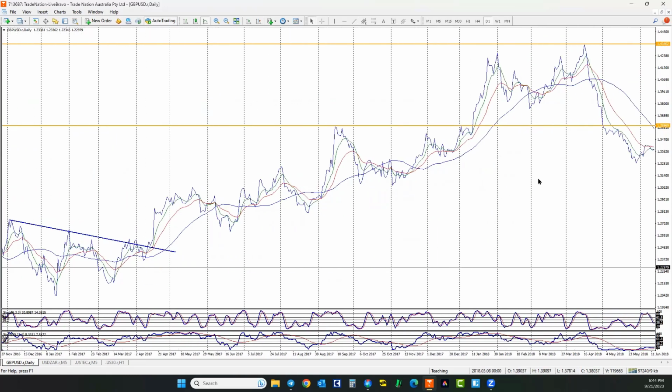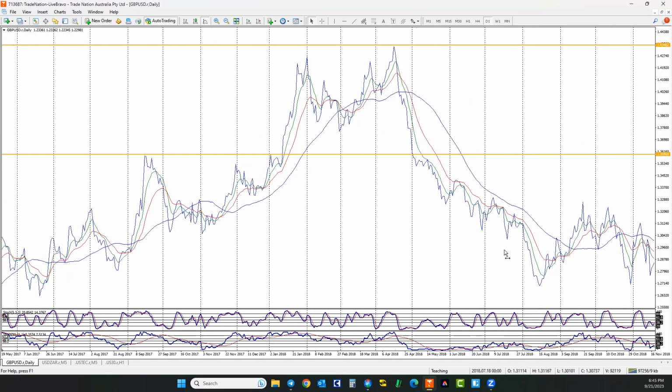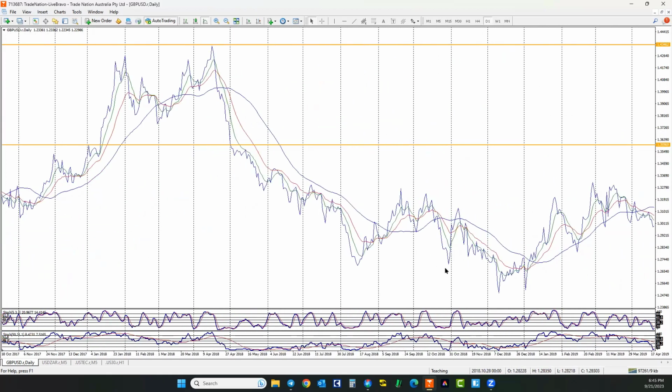Sometimes double tops and double bottoms are not double top and double bottom on the closing price. So line chart is just simply closing price. And that's that great double top that we saw on the candles, but with the line chart, it's not a double top. So yeah, the trick is to kind of pick your chart style and trade what you see on that particular chart style.